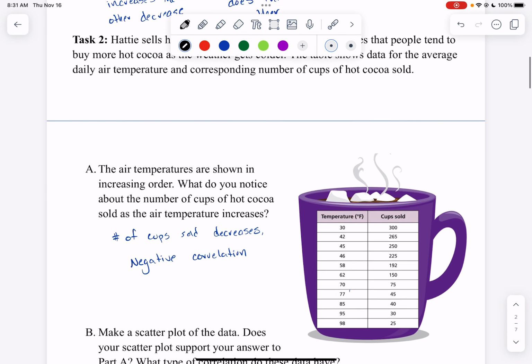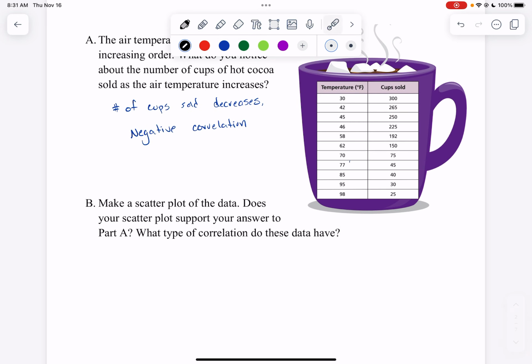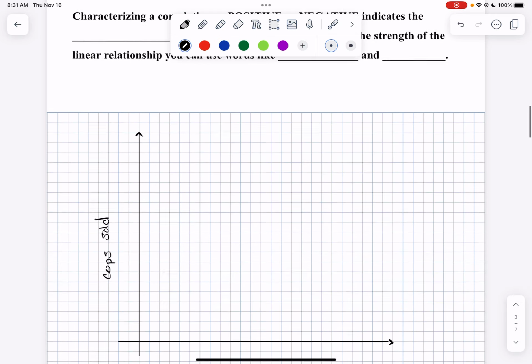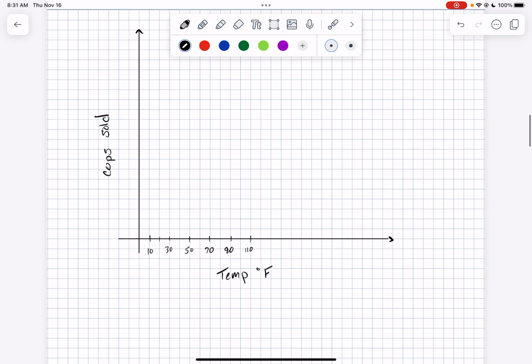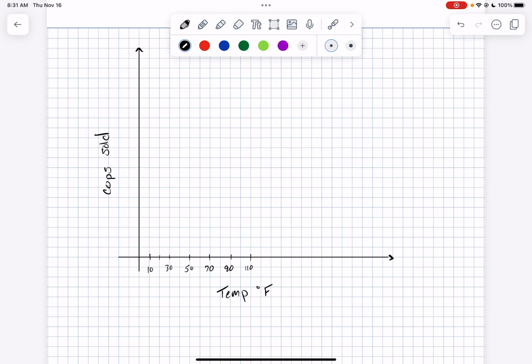So if we go back and look at the data, it looks like my temperature goes from 30 to 98. So I think maybe counting by tens. We'll mark this as 10, 20, 30, 50, 60, 70. I'm just going to 82 so it doesn't get too crowded. 110, we really don't get any higher than that. We probably have room to go by fives just because I have room.